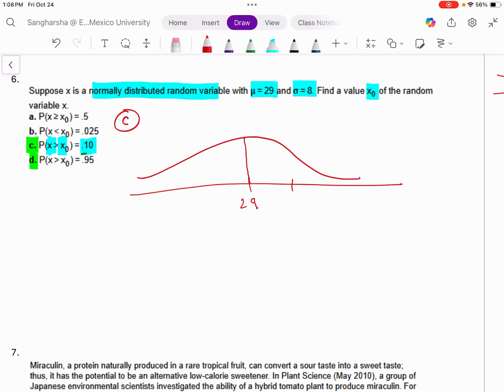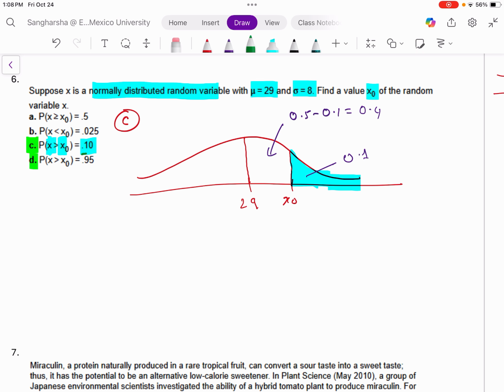Let's say our x naught is here, and 0.1 is the probability x is greater than x naught. So the area on the right of x naught is 0.1, and this area would be 0.5 minus 0.1, which is 0.4.